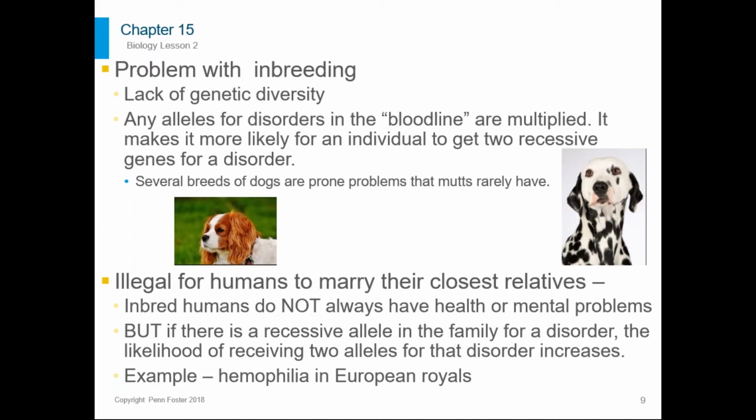And then at that point, many of the royalty of various European countries had hemophilia because it's a recessive gene, and it was somewhere in the line. And because they just kept breeding to each other, there were more frequent instances of one person getting two copies of that bad gene and ending up having hemophilia.